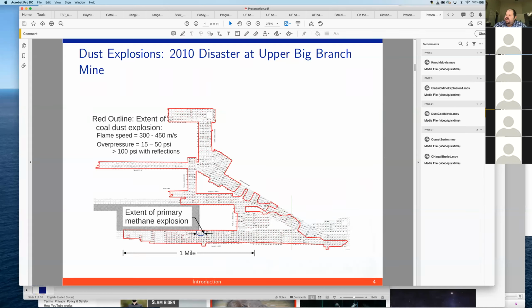So there was a natural gas explosion, and that explosion produced a shock wave like any other process. The explosion radius for that gas phase explosion was this little thing in blue. But the overall damage to the mine was in this giant red region here.